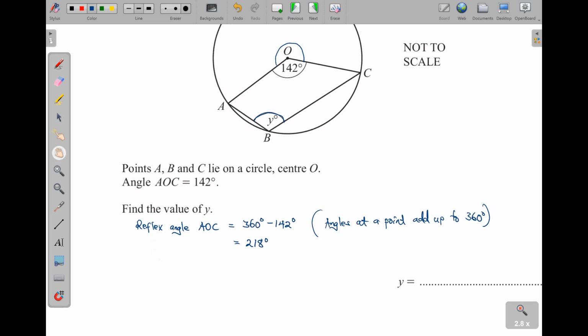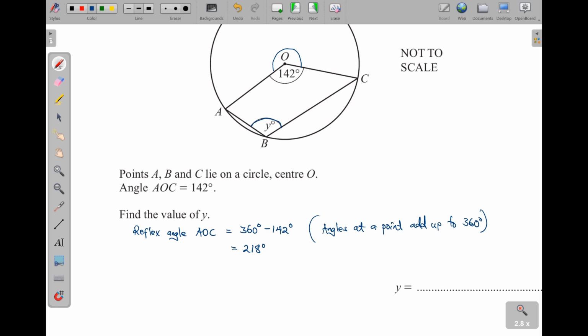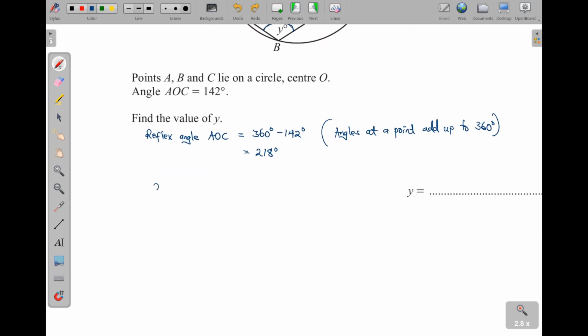Remember, angle at the center is twice angle at the circumference. So this is 218. So this being angle at the center, it is twice this one here. So I will say 2y is equal to 218.